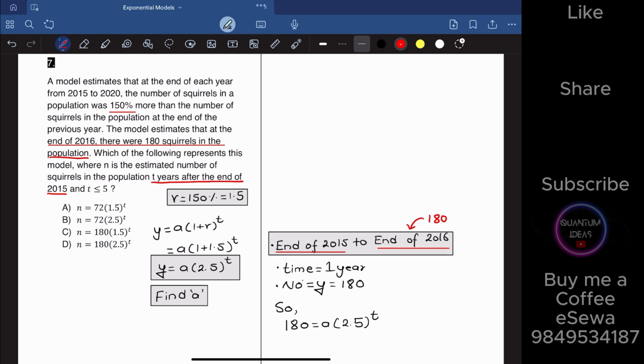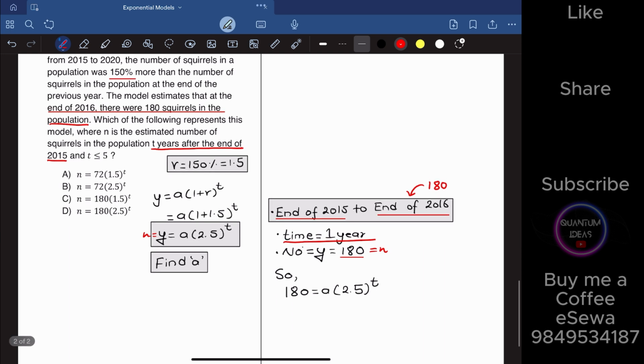That means from the end of 2015 to the end of 2016, that is in 1 year, the number of squirrels, where y is denoted by n in our equation, is 180. So we can plug it into our equation.